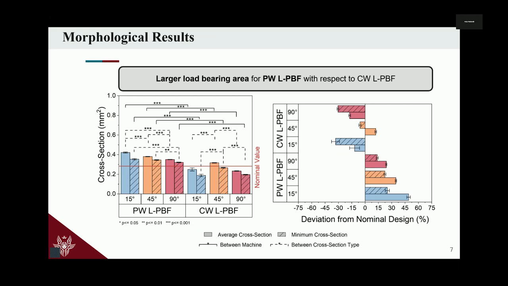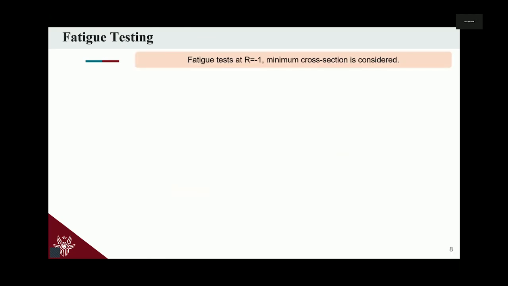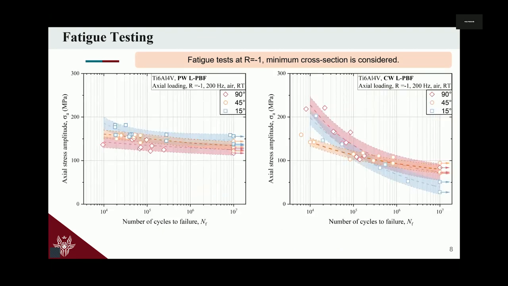It's important for us to have an idea of how the cross-sections are in each specimen because we want to basically nullify the differences of cross-sections within our SN curves. Indeed, if I had used the nominal cross-section here, we would have way larger differences between the pulsed and the continuous wave laser powder bed fusion specimens.